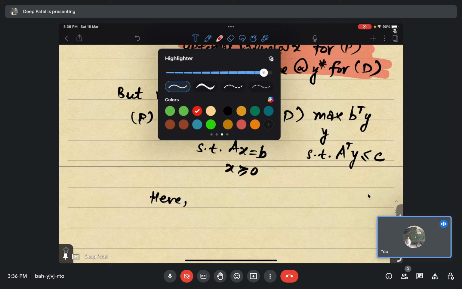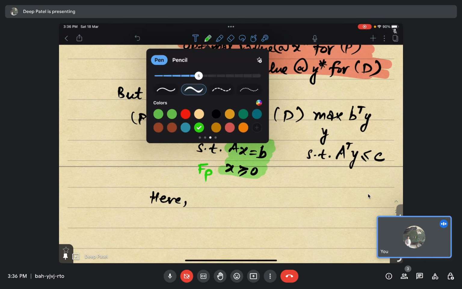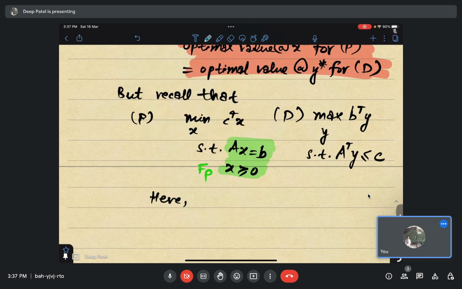What I'll do is denote the feasible region for the primal by FP, and the feasible region for the dual as FD.